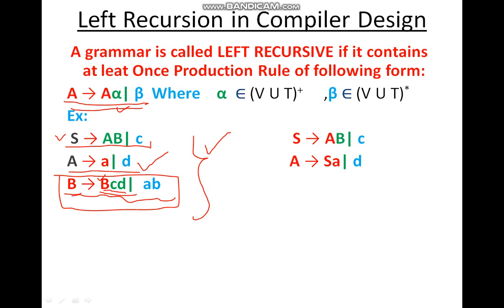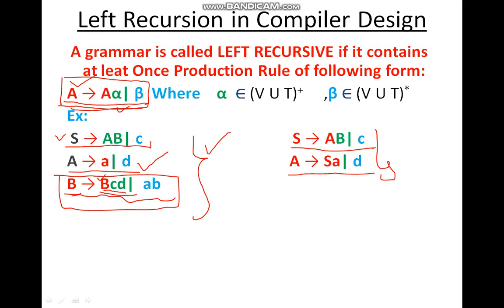So always you need to compare with this production rule. If your grammar contains at least one production rule of this form, only then is the grammar left recursive. Now if I ask you whether this grammar is left recursive, you will say no, it is not left recursive because it does not contain any production rule of this form. But this is false.